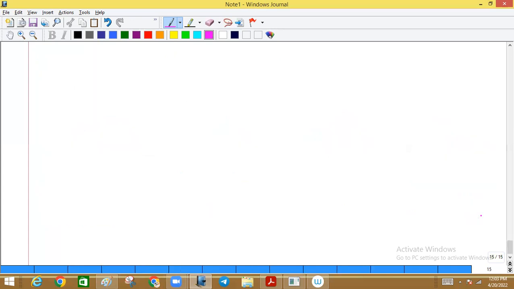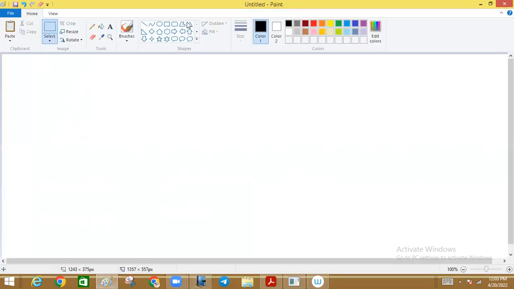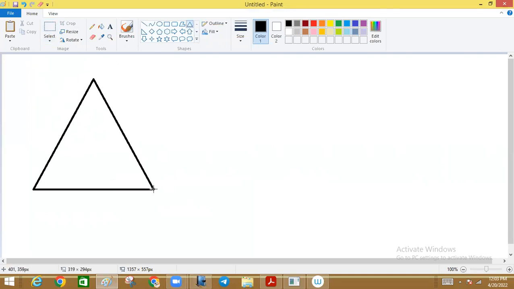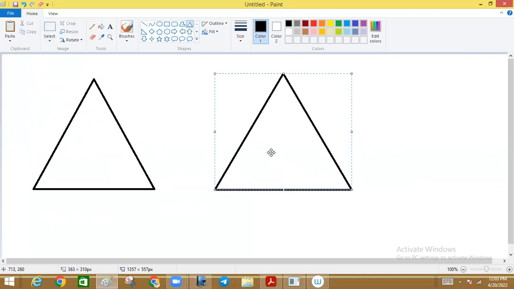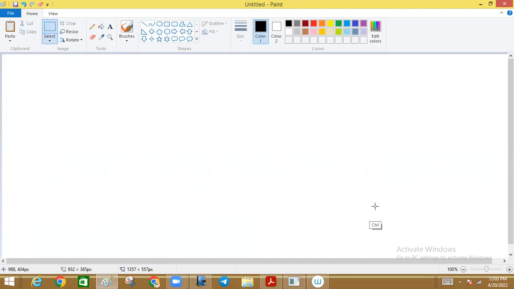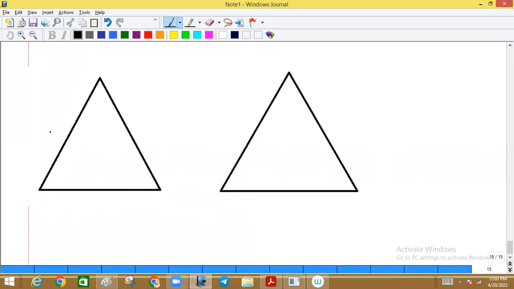And what is also very important is, if I take an equilateral triangle and an isosceles triangle. This one is an equilateral triangle. These three sides are equal.